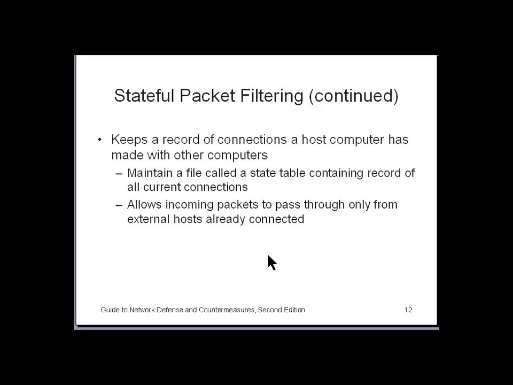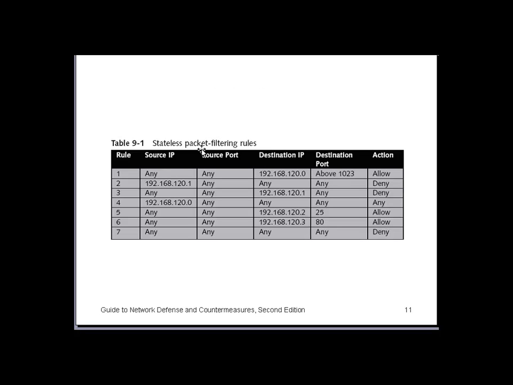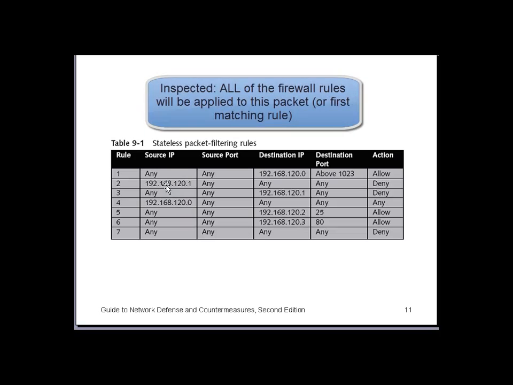Now, stateful packet filtering, which is more important. If we look back up here, each time there's a packet coming to the network, let's say from this computer here to any computer here, it's going to be inspected for the IP address.